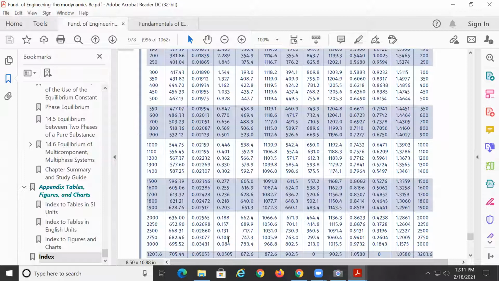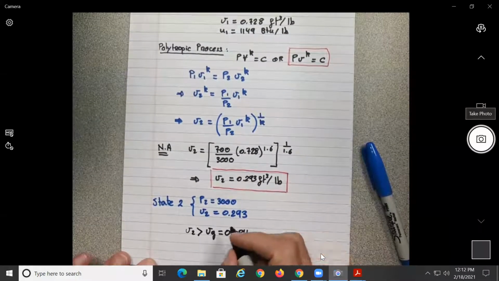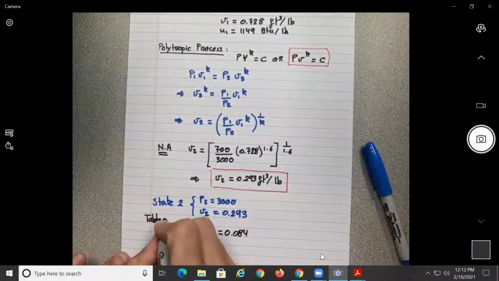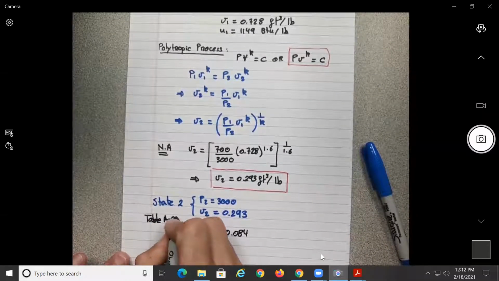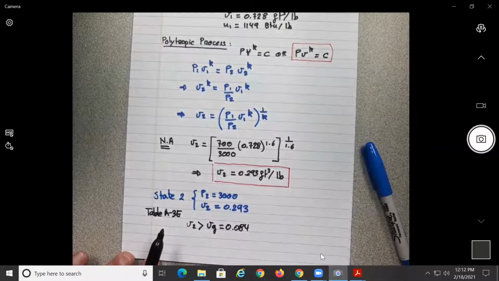So hold on one second. You could have done it from either table, but let's say table A3E, that should be the first reflex for you, table A3E. So you know V2 is much higher than VG.